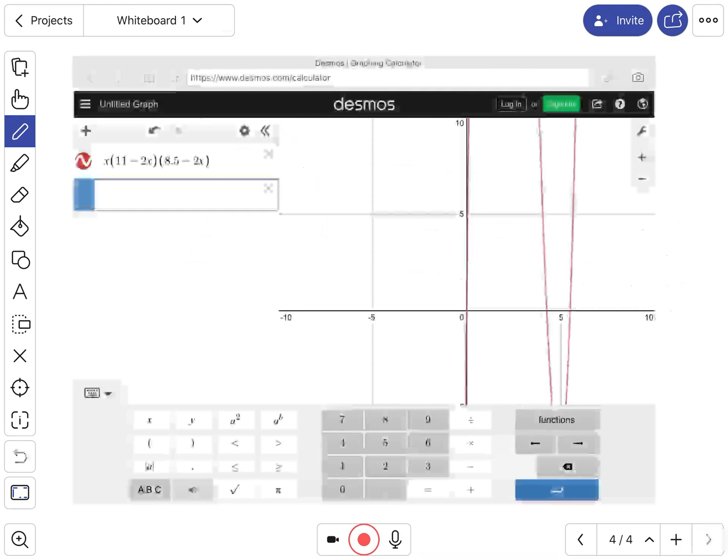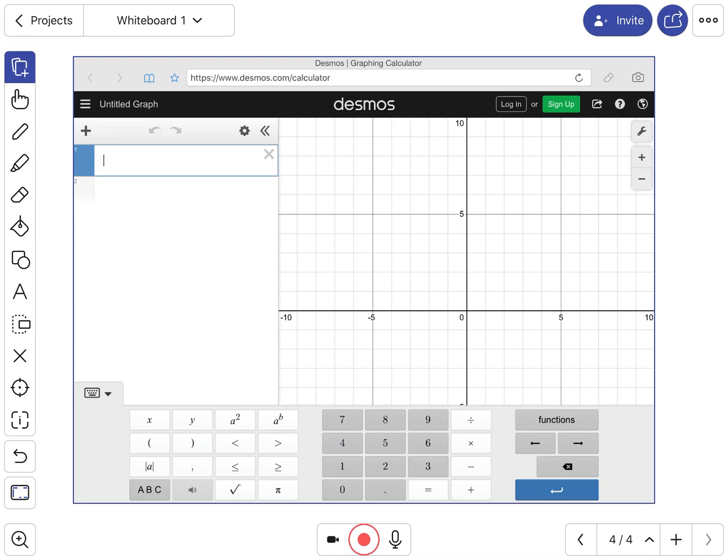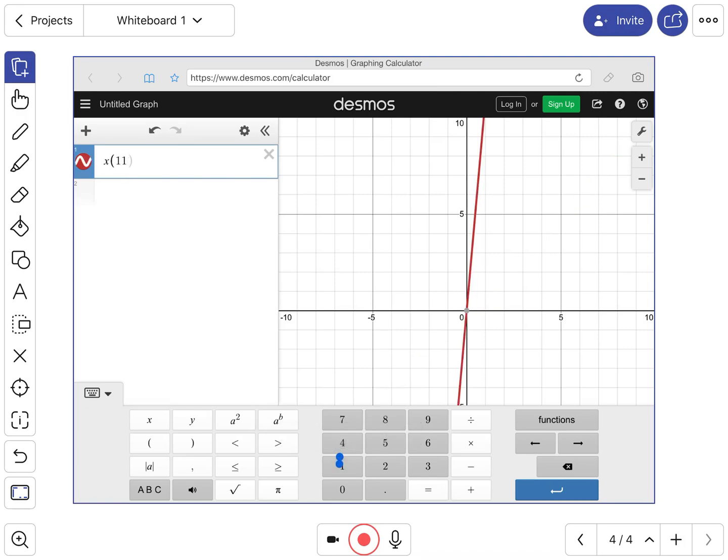But now we have something like this, right? If you put this x and if you put three of these terms here, x, 11 minus 2x, and then 8.5 minus 2x.